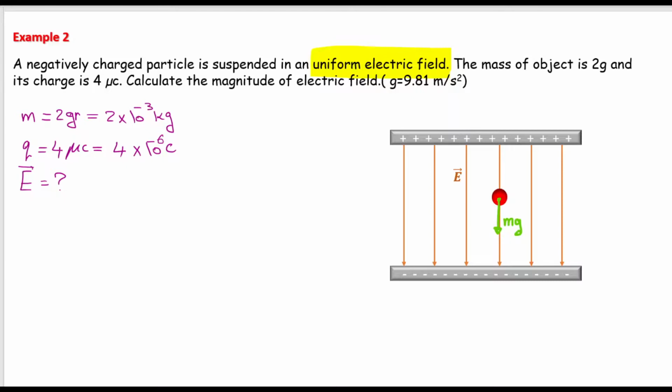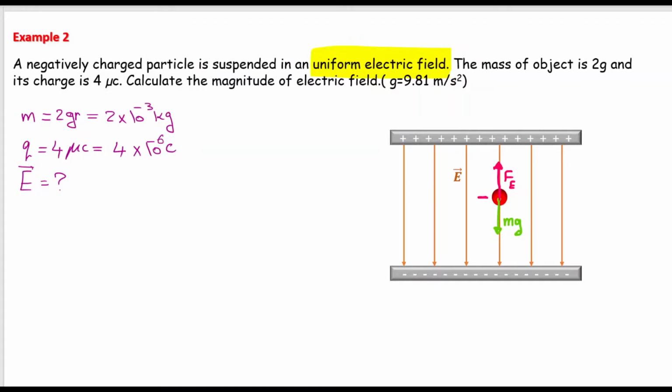That is the force of the electric field, because you know, the negatively charged particle likes to move in the opposite direction. You remember in the previous videos, it likes to move upward. From the negative side it is repelled, and from the positive side it is attracted. So we can say this is the F electrostatic. But it says it is suspended.